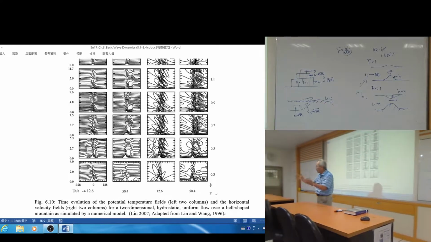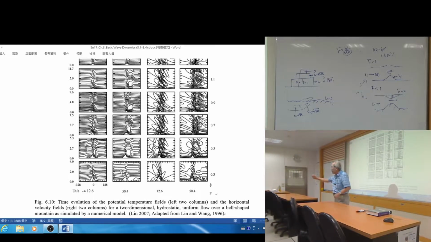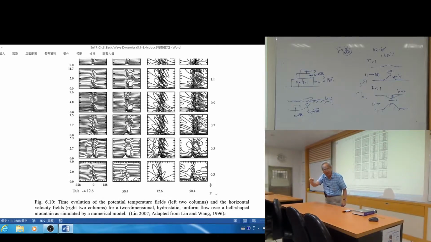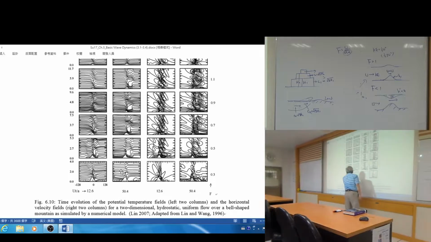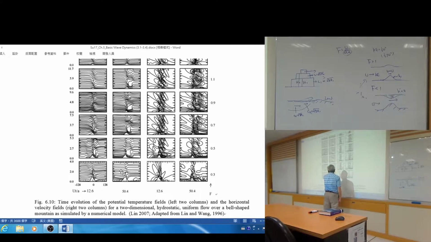If there's no heating, no cooling, no friction, then the flow particle will follow the potential temperature line, because theta is conserved. So your flow will come like this. This one is stationary, and this one is propagating, because the basic flow is stronger.